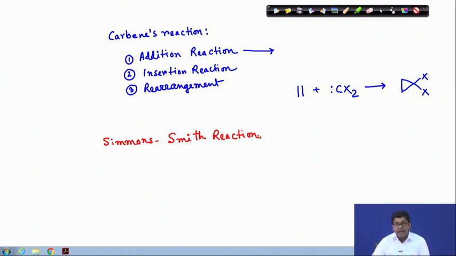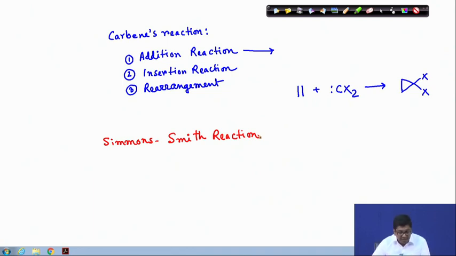This is another reaction where you can convert the olefin into its cyclopropane ring. The unsaturated bond can be converted to the corresponding 3-member ring. Now we will learn what this Simmons-Smith reaction is.